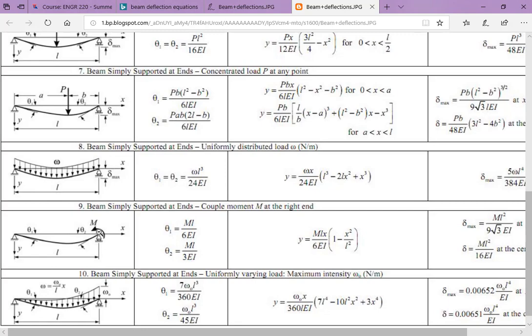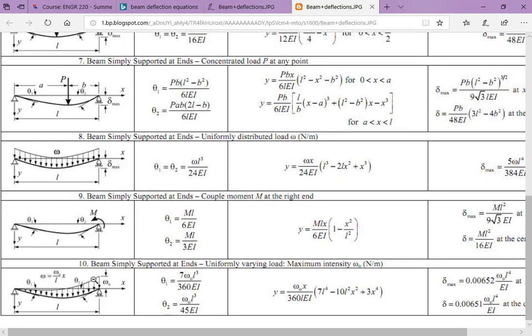So notice you don't have one where the concentrated moment's on the left end. You have to mentally flip this thing over, mirror it, and mirror all the variables so that you're calculating if you want the moment on the left end of the beam versus the right end of the beam. This particular chart also has some that have unevenly distributed loads on it.